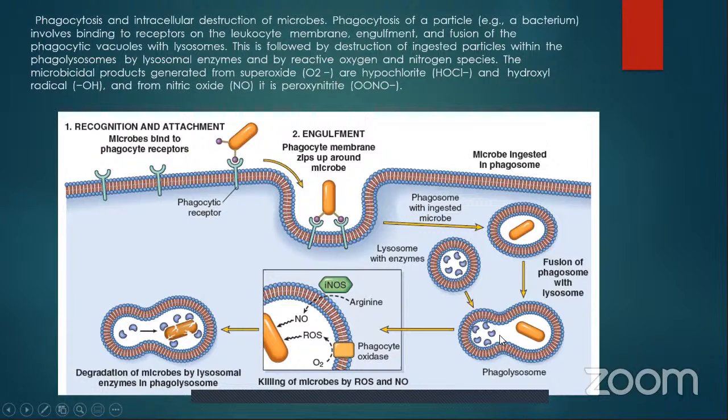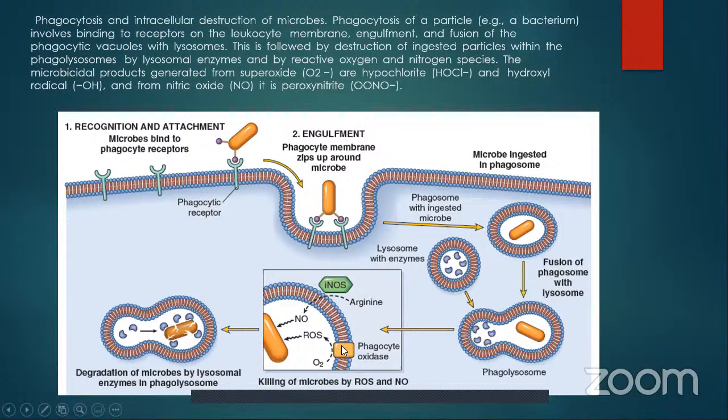Now, what happens once a phagolysosome is formed? We can see that the granules which were present in the lysosome are released, and these granules release something called an oxidative burst. What is an oxidative burst? It is typically seen in the neutrophils.